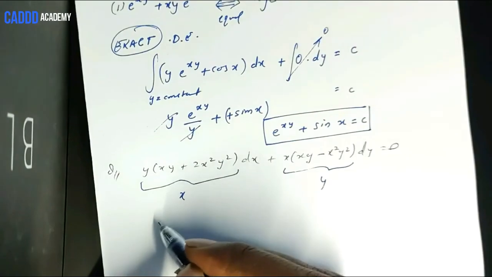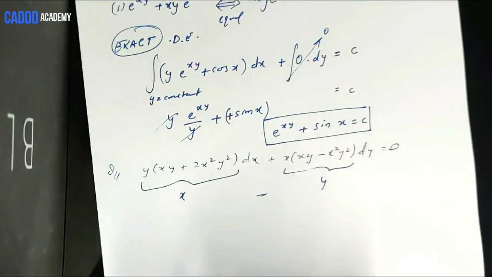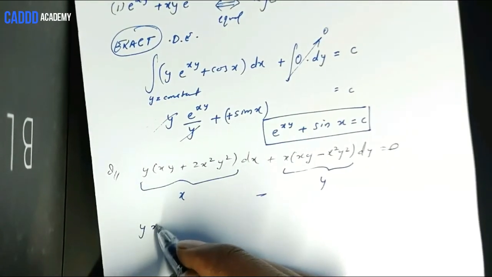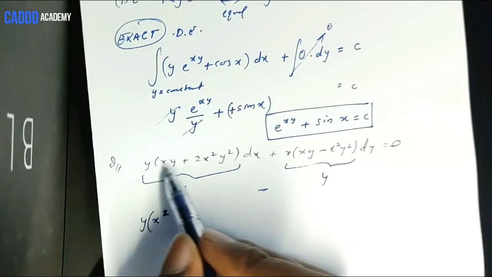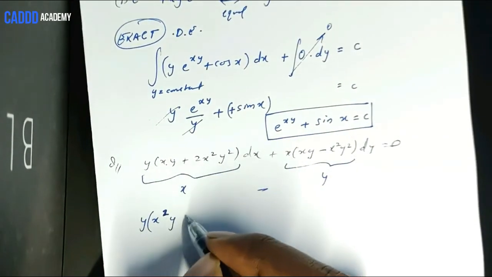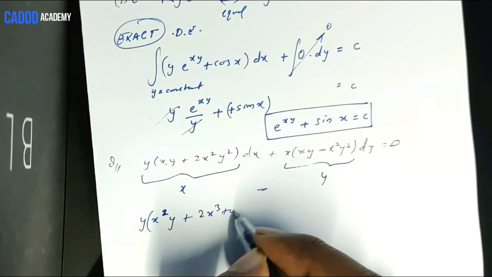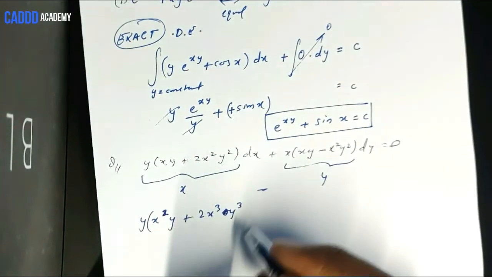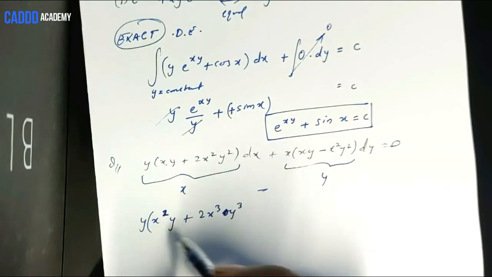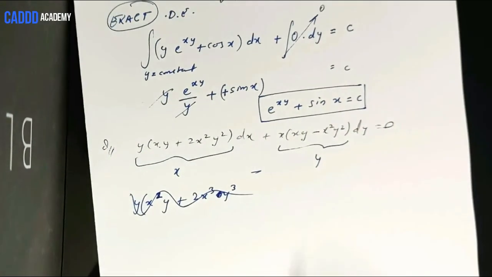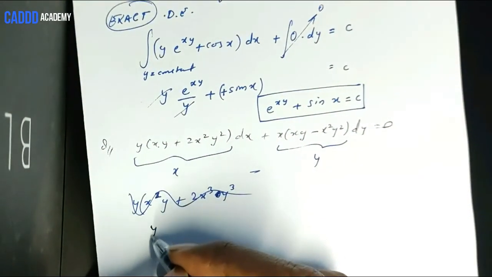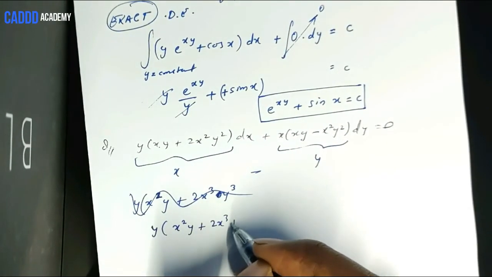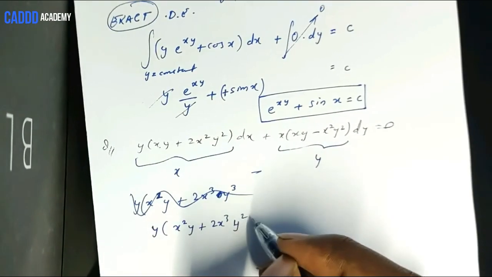So multiply x in this, and we have x square y plus 2x cube y square, okay.